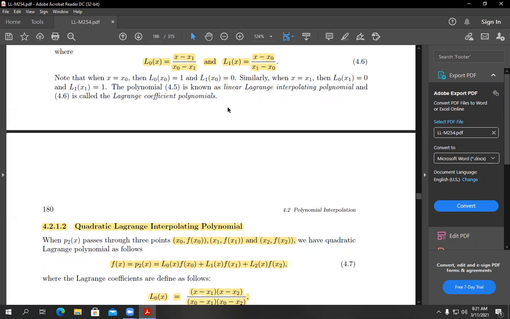Number 10, Firas. 11, 12, 13, 14, 15, 16, 17, 18, 19, 20, 21. 22, 23. 22 Abdullah here. 23. 24, 25, 26, 27, 28.